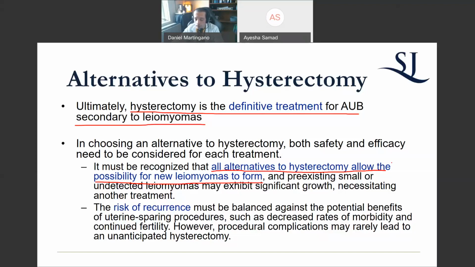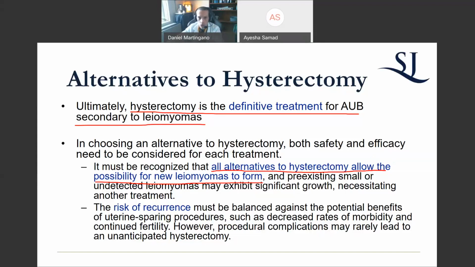But as I said, leiomyomas are estrogen responsive. So if you could temporize a patient into menopause and get them there without doing the hysterectomy, if that's their choice, then that's a strategy you can do as well. You could even throw Lupron into the mix to buy yourself some more time. So this is why all of these things matter, okay?